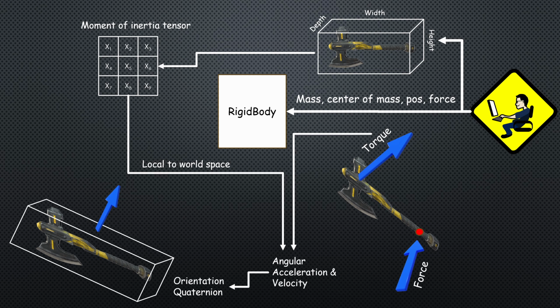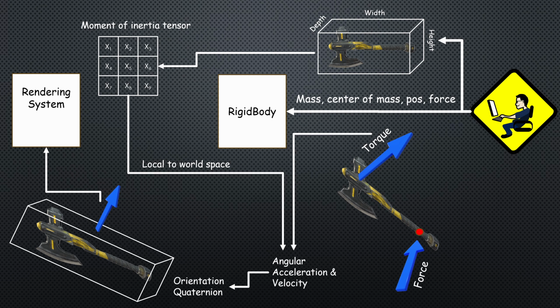We integrate the angular velocity and orientation and calculate a quaternion that represents the rotation of the rigid body. The quaternion is fed back into the rendering system, which translates it into a rotation matrix, which can be used to calculate the WVP matrix of the object.